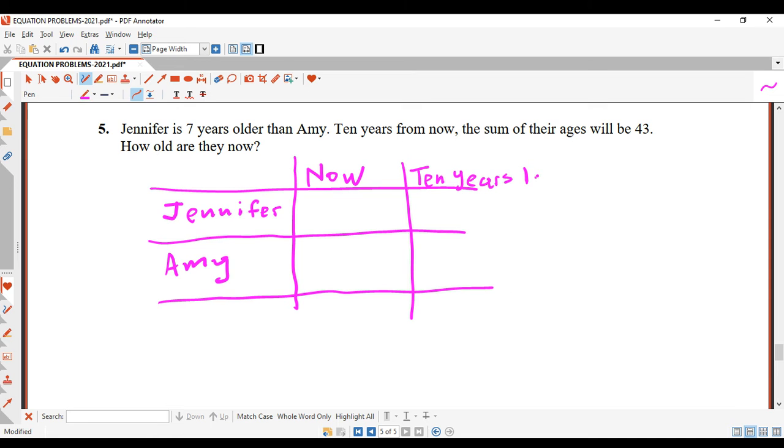Ten years later. So let's start off with now. It says, now Jennifer is 7 years older than Amy. So if we call Amy X, then Jennifer will be 7 years older than that, X plus 7.